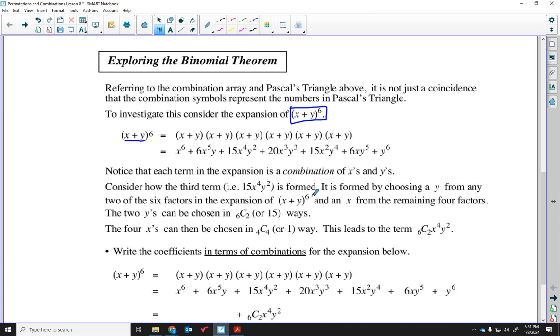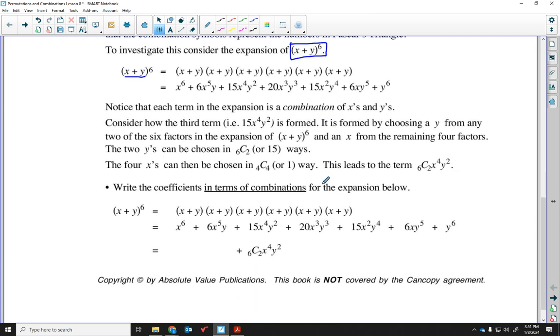Now, the one example we're going to use right here is to explain why exactly this is. So let's say we took x plus y to the power of 6, and let's look at the coefficient of the third term. The coefficient of the third term is equal to 15, and we know that 6 choose 2 is equal to 15.